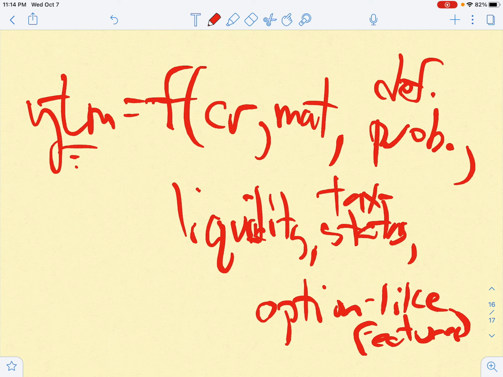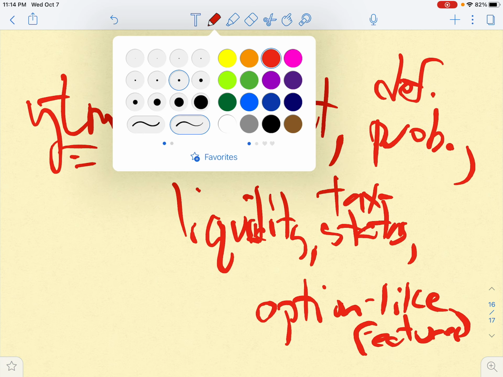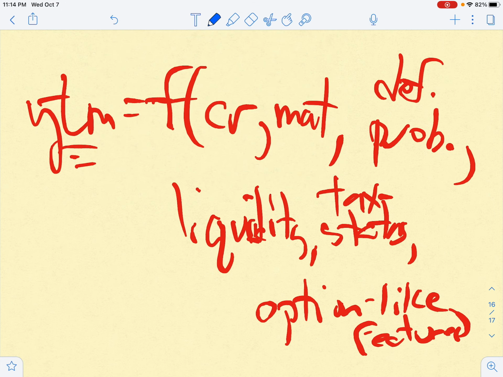So the yield to maturity exhibited by a bond will depend upon, it's a function of, coupon rate, maturity, default probability, liquidity, tax status, and the option-like features of the bond.